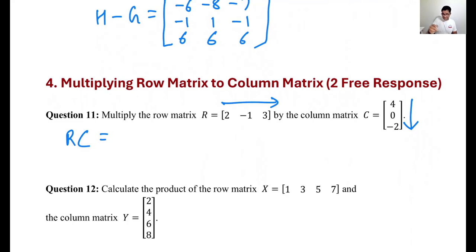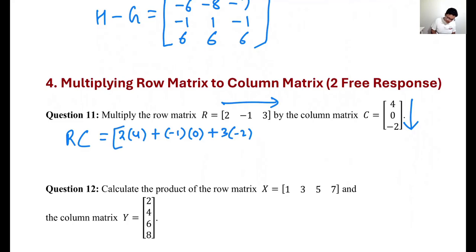So 2 times 4, plus negative 1 times 0, plus 3 times negative 2. As you move across the row, you move down the column and you multiply the elements in the corresponding positions, and take their sum.